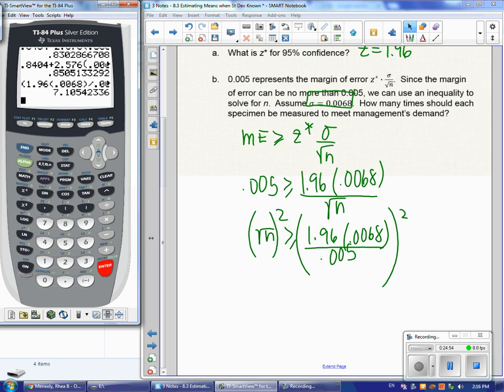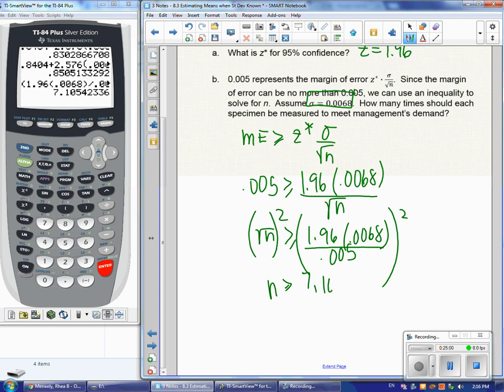And I get 7.105. So n must be greater than 7.105. And even though that value, if I were to round it, would round to 7, I always, always, always want to round up. And so this would actually round up to 8. And so I would want to measure it 8 times.